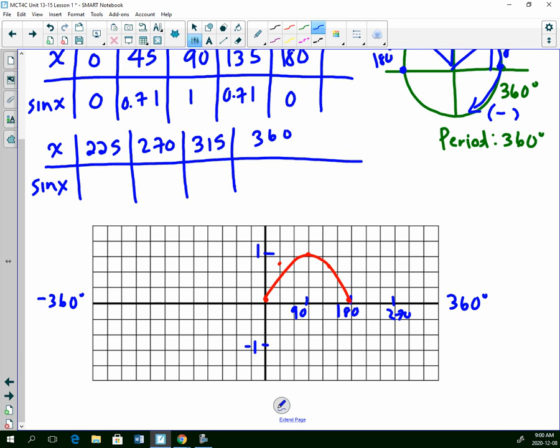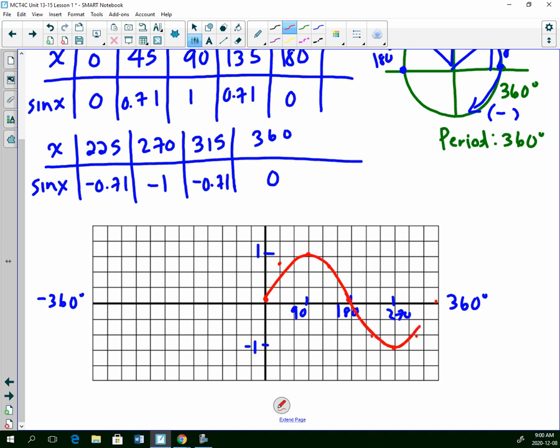Okay, so at 225, you'll find it's negative 0.71, negative 1, negative 0.71, and then back to 0. So the other half of my graph is at negative 0.7, negative 1, negative 0.7, back to 0.